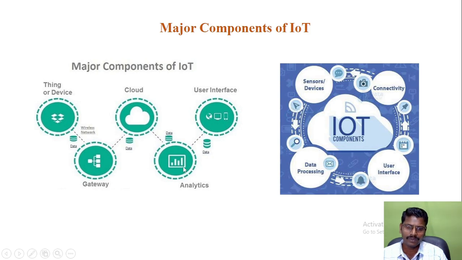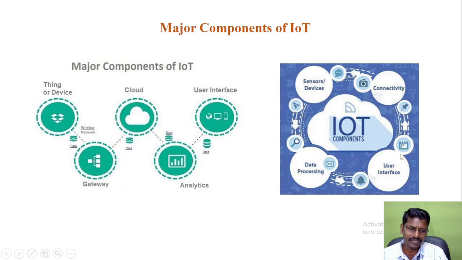So for example, let us see the second diagram. This shows that the sensors and devices are connected with the data processing unit, where the signals from sensors and devices are fed to the data processing unit, processed, and given to the user interface.